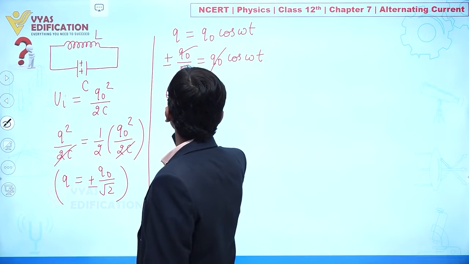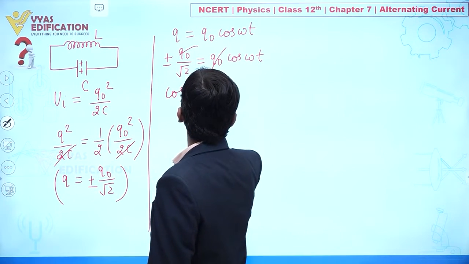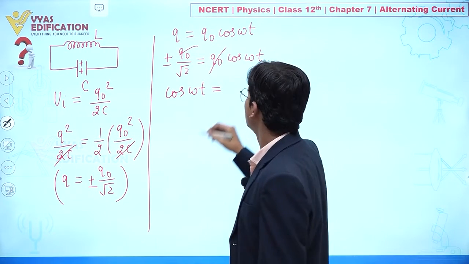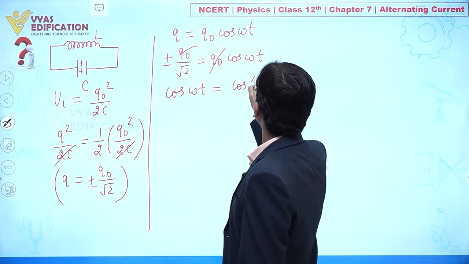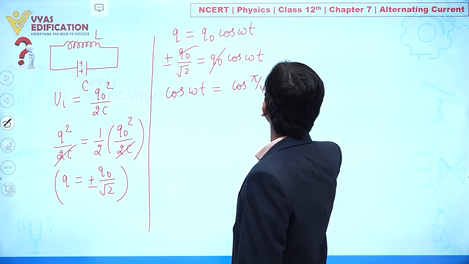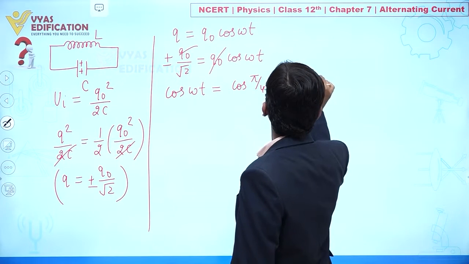Clear? So from here you can see we can write cos of omega t equal to either cos pi by 4 or cos 3 pi by 4.